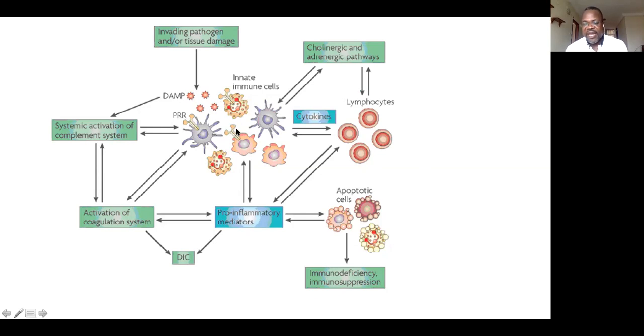Now, there will be a cascade of responses. They might rapidly attract the innate immune cells to the site of infection. That can be your neutrophils or your macrophages.